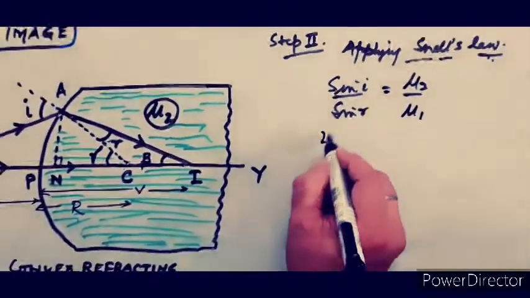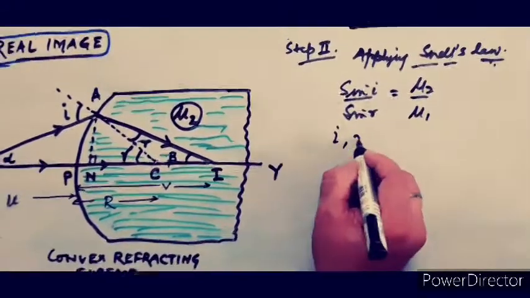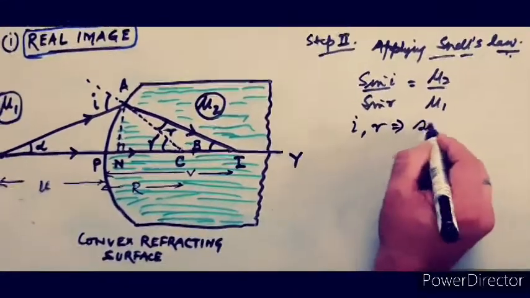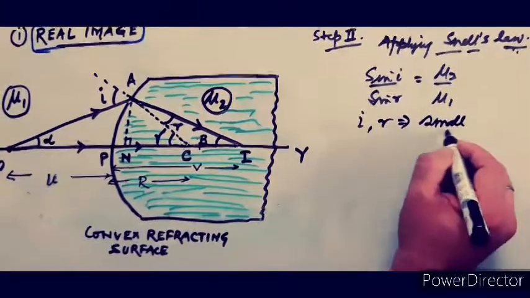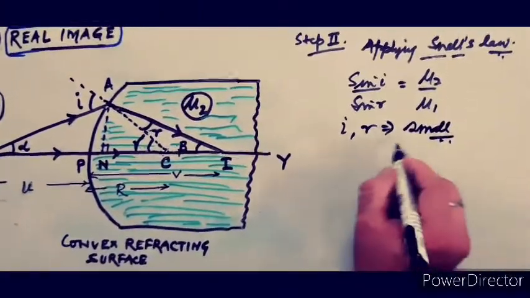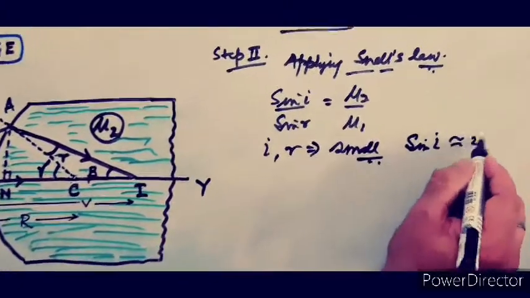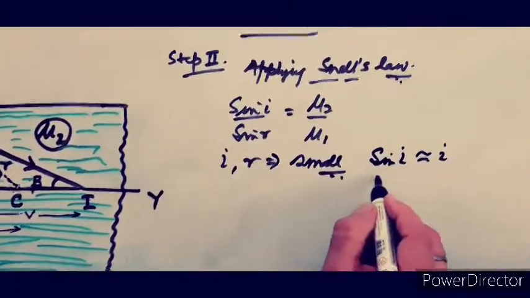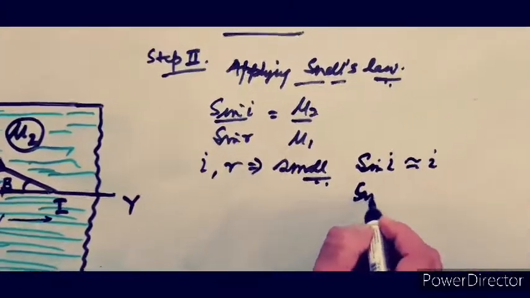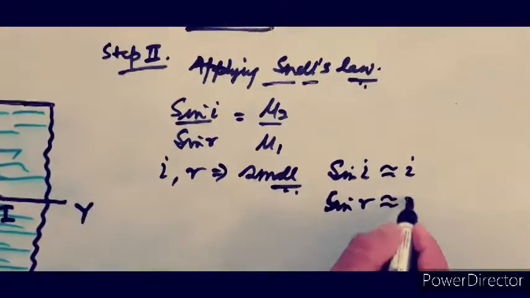And if angles i and r are small, according to the assumption, then sin i becomes only i, and sin r becomes only r.